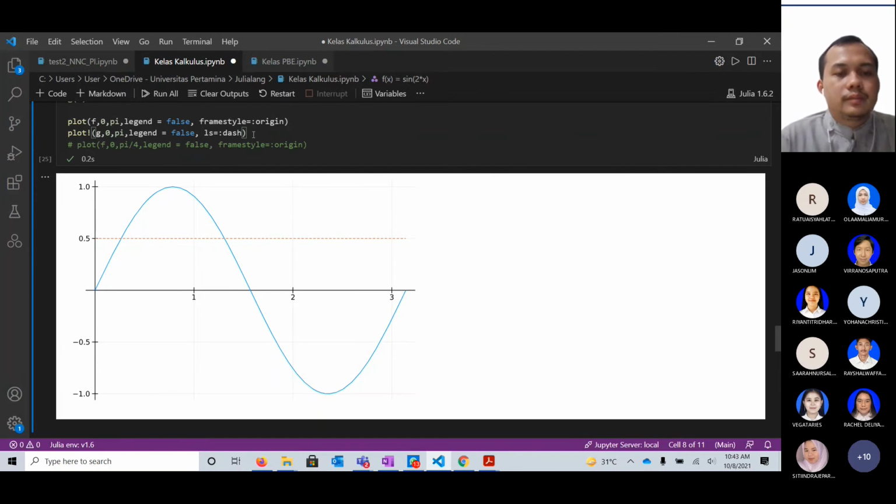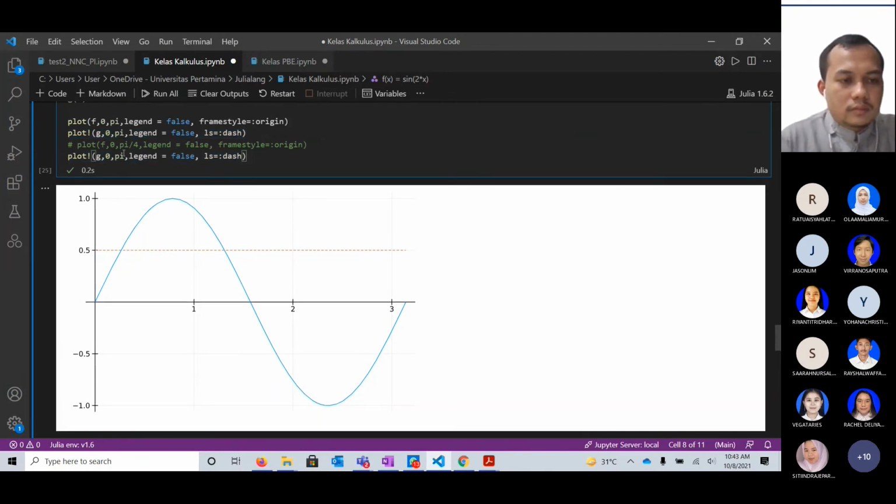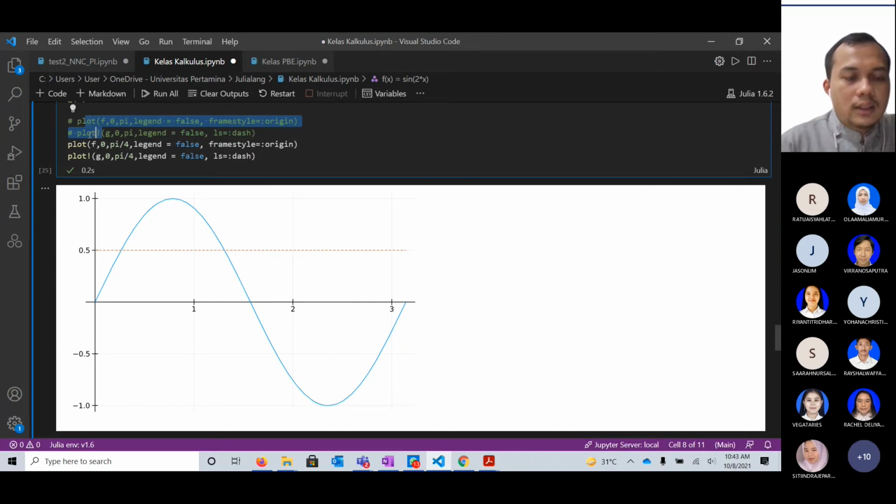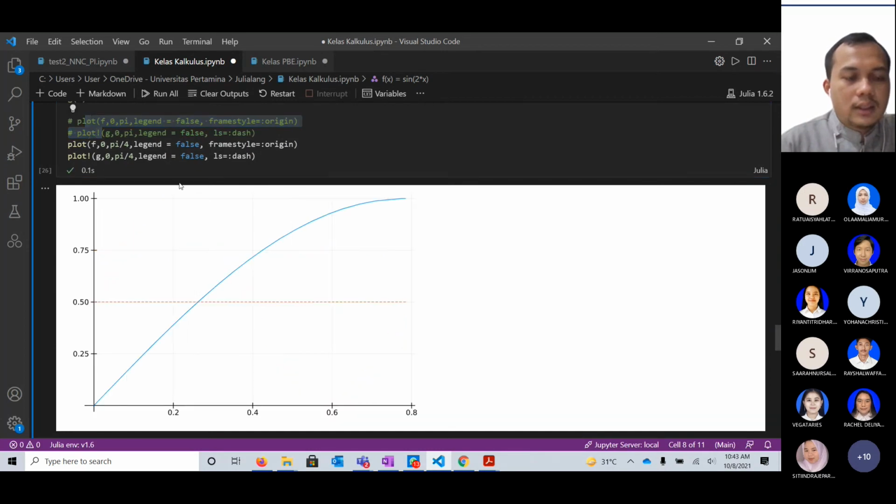But if we restrict the interval only from 0 to pi over 4, the dashed line here only intersects the blue curve one time.